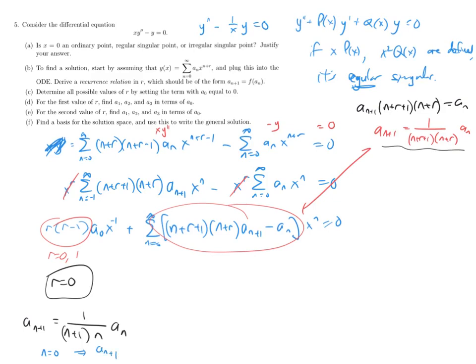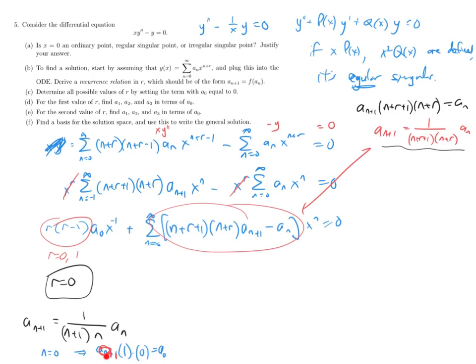When n equals 0, we have a_{n+1} times (0+1) times 0 equals a_0. So what that means is a_0 is 0, and a1 can be anything.